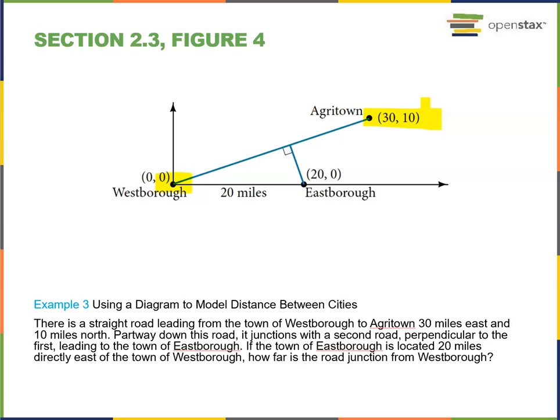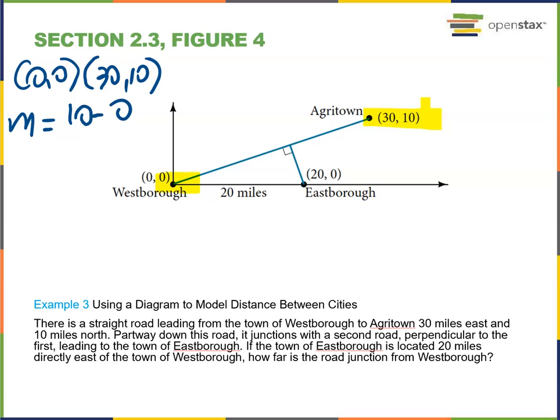Using this and from the origin, we can find the slope. So m, let's use 0, 0 and 30, 10. So the slope is 10 minus 0 over 30 minus 0, which is 10 over 30, and that is equal to 1/3.